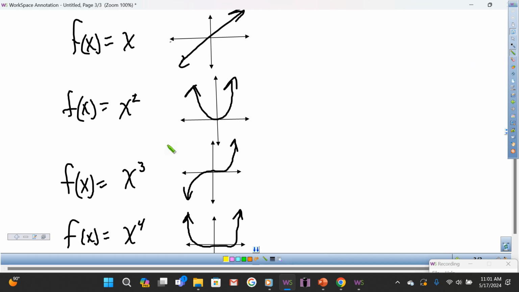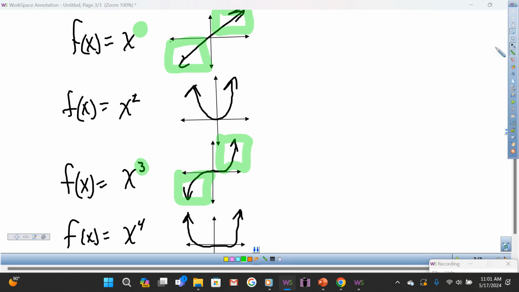When we got to this, I said, pay attention, look up to the exponents on the functions. Look at this exponent and look at this exponent. Where does this one start? It starts down here and it ends up here. This one starts down here and it ends up here.